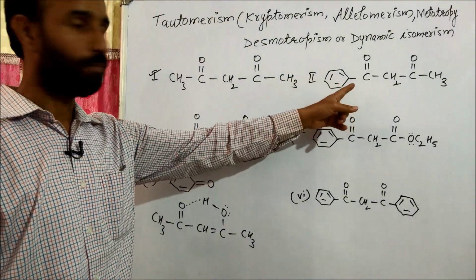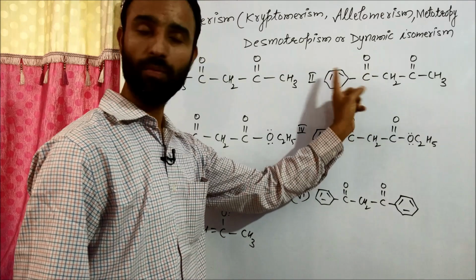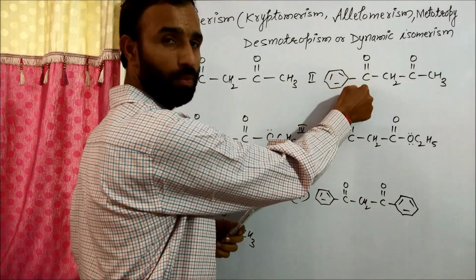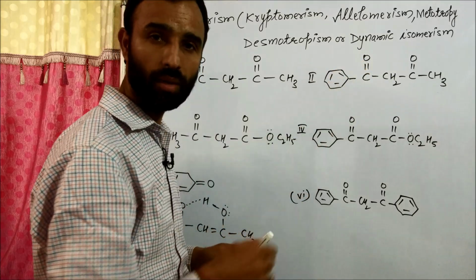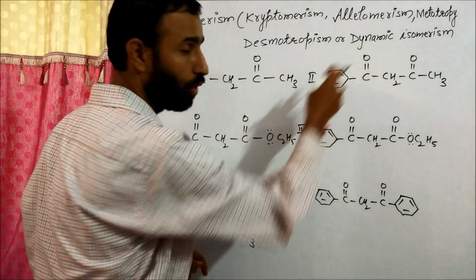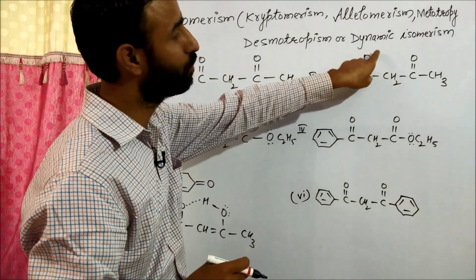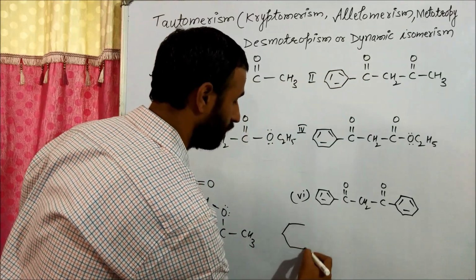We come to this. Phenyl group increases the resonance of keto form, because this behaves as an electron releasing group. So it becomes C-O single bond, O gets negative charge, and that's why this hydrogen shifts towards this oxygen and we get enol.